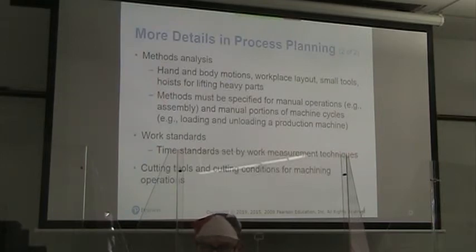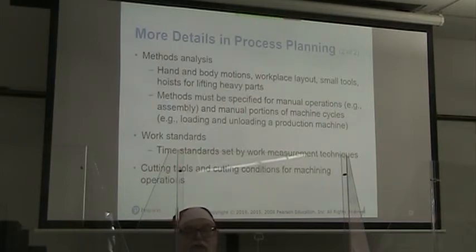So, another thing is we have to do methods analysis. That is looking at the hand and body motions, the workplace layout, the small tools, or hoists for lifting heavy parts.